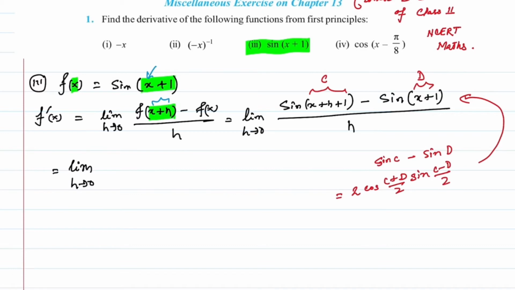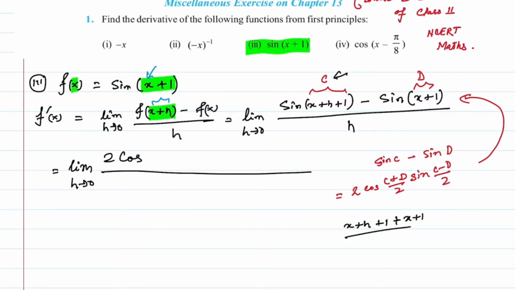As h tends to 0, what will be cos of c plus d by 2? Here let me write 2 cos of c plus d by 2, and simplify. Our c is x plus h plus 1, plus d, which is x plus 1, by 2.